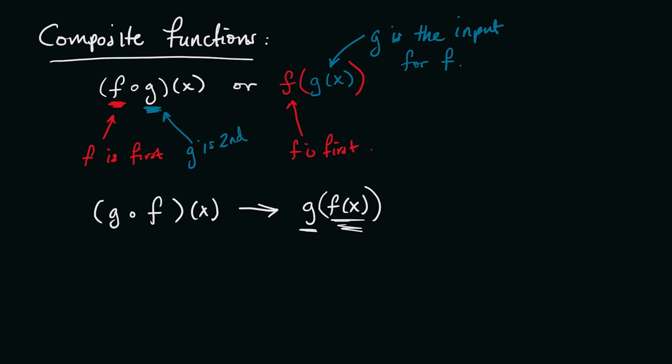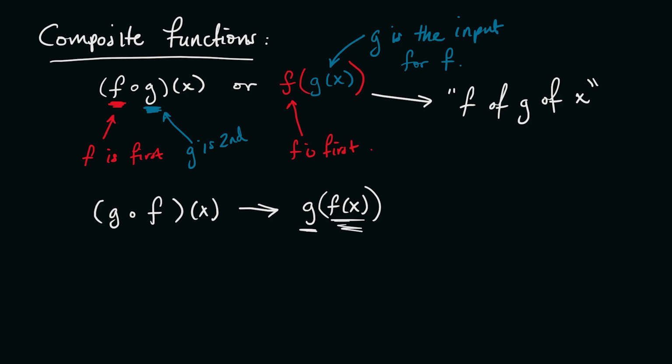Now, how do we actually read this, right? So the way how we read this, let's use the first one as an example. We would read this as f of g of x. So it's a little bit long. It's similar to how we would say f of x, right? We're just saying that in the function f, there's an input named x.